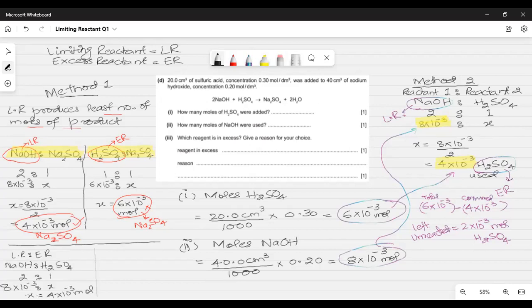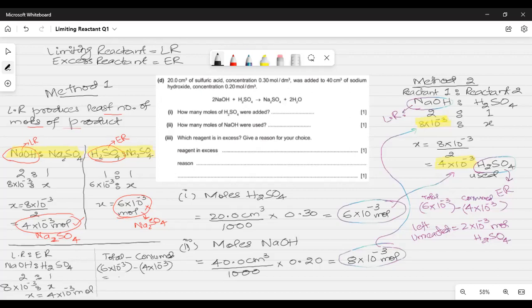And we need to go with, again, what we did in method two. So actually method two is the same as method one, 6 into 10 raised to the power minus 3. The total at the start of the question consumed is 4 into 10 raised to the power minus 3.